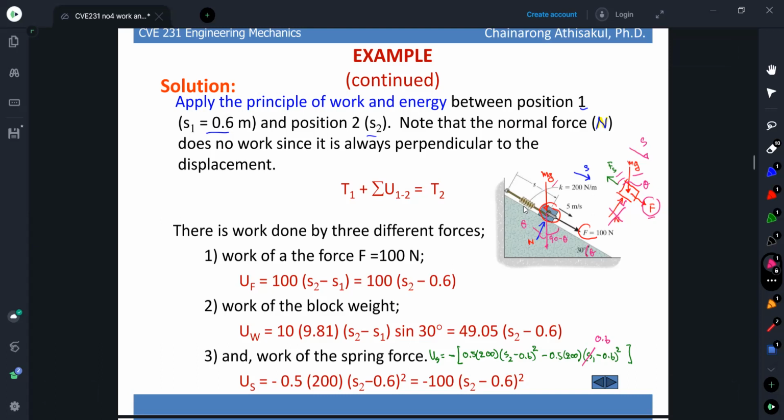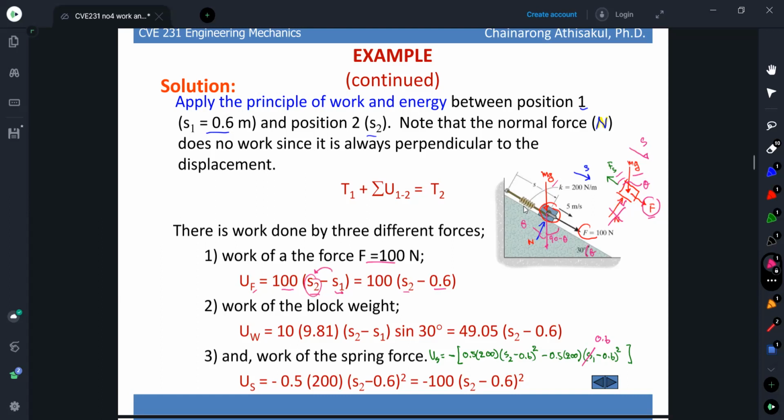Let's consider first the work from the applied force F equal to 100 Newton. Because the force is constant, the work done by this force is equal to 100 times the difference in position, moving from S1 to S2. S2 is the unknown, keep it, but S1 is set to be 0.6 meter, the first position.